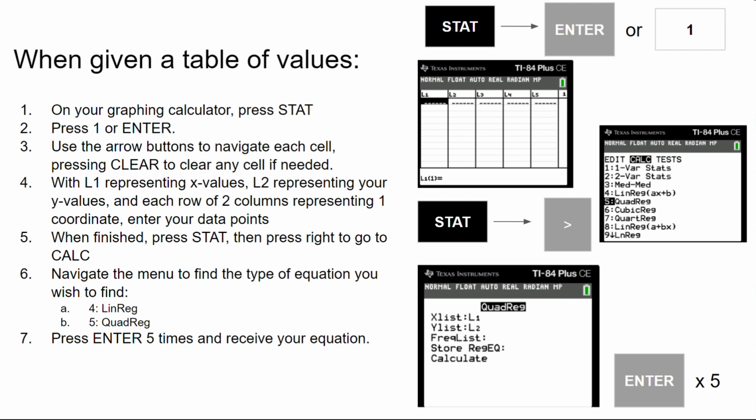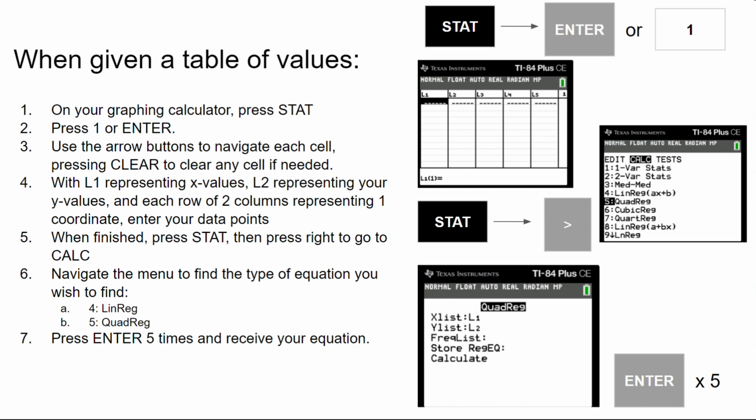And then after you do that, you press stat again, press right, and then there's a calc section. Within the calc section, there's various functions that you can use with those values that you inputted.